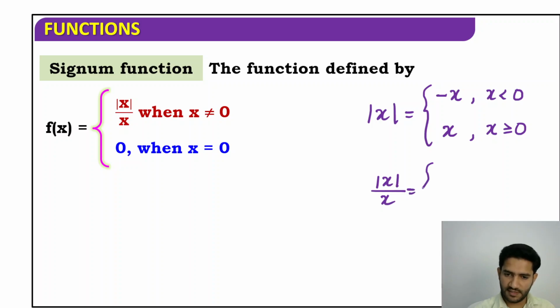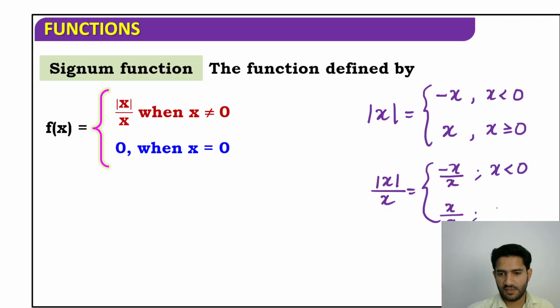So mod x we can split the function into two, minus x and x. So mod x by x, we want to divide by x. So minus x by x, x by x. Here x is less than 0, here x is positive. We cannot include 0 because in this signum function, at x equal to 0 the function is 0.